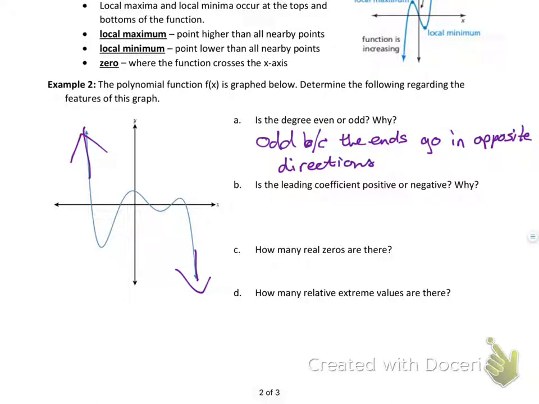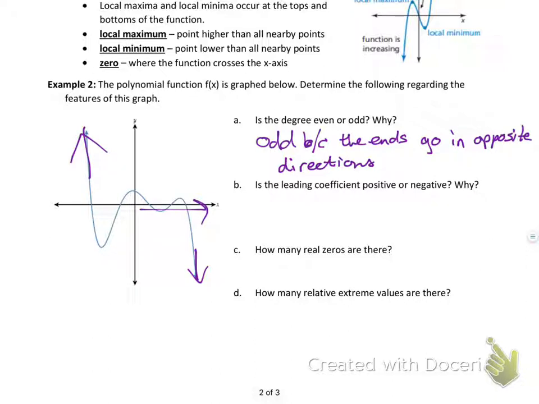So now we have to determine if it's positive or negative. Now, like I said, if it's to the right, ideally, it would be positive. So because as I go to the right, as I go this way, my function is going down. Okay, which means that it's not going to the right and up like it should be. It's doing what it shouldn't be doing, which means it's negative.